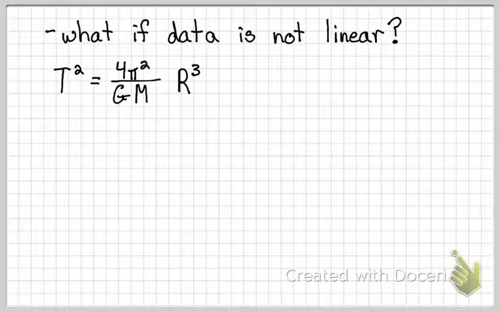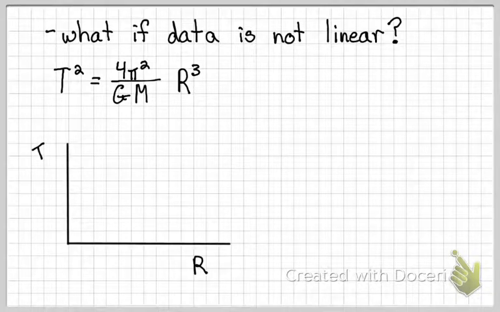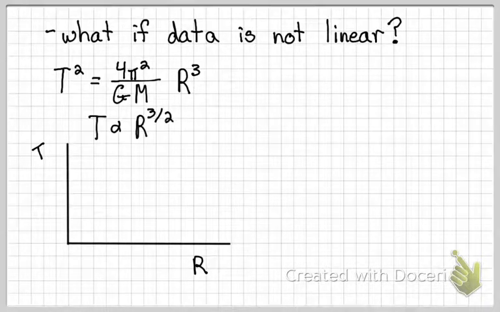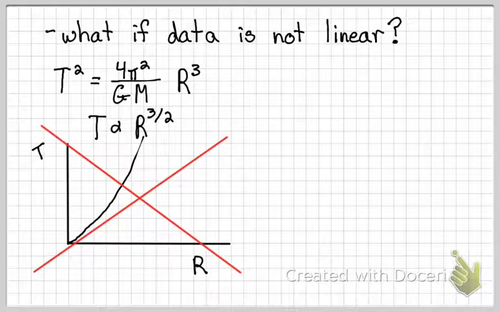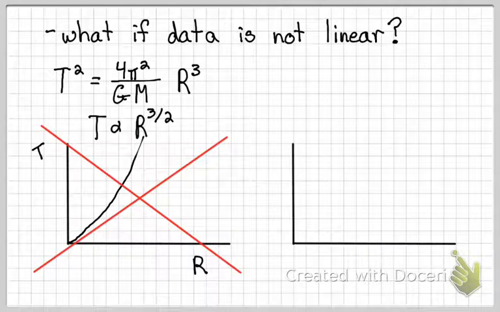Just looking at that formula, it doesn't seem like it's a linear thing, right? If I just plotted T versus r, I would have to take the square root of both sides, and I would get T equal to something times r to the 3/2, and I would get this funky curve. So that's not a line. So what do I need to plot to make it linear? We want to make it a line.